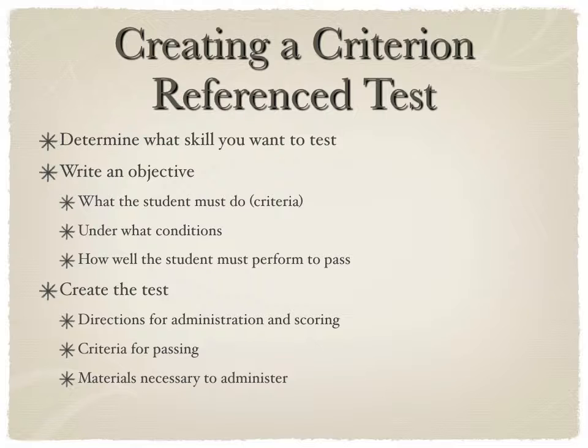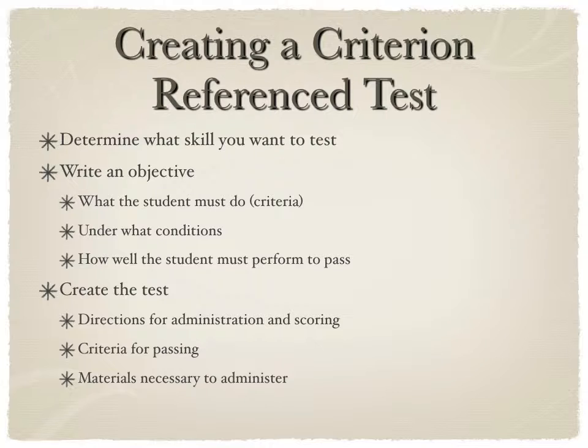You would specify under what conditions the child must perform. So this might specify if the child's able to receive visual supports or prompting, if they must do this independently. So it would just specify what conditions. And so some of the considerations might be supports, prompting, or obviously other considerations, and how well the student must perform to pass.